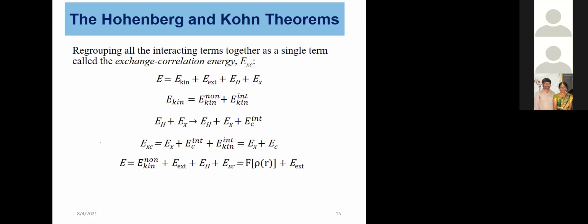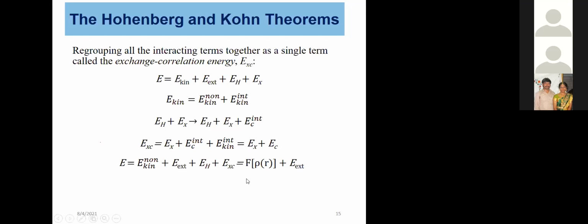So the basic idea of this assumption of Hohenberg and Kohn is we will break our kinetic energy terms into two terms, non-interacting, so that it's easier to solve, and an interacting term of kinetic energy. We have the Hartree term, we have the exchange term. So all those interacting terms will now be clubbed together as EC, the correlation term, and we will have the exchange term as it is.